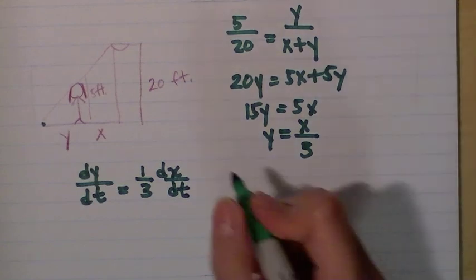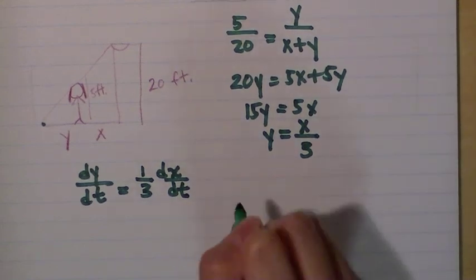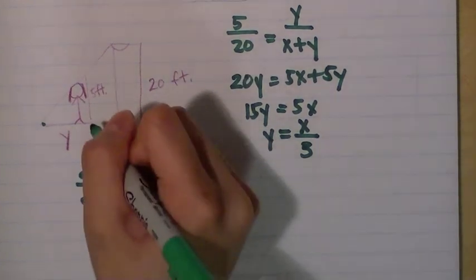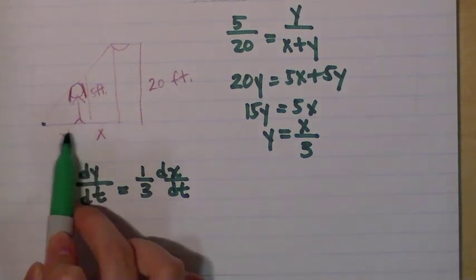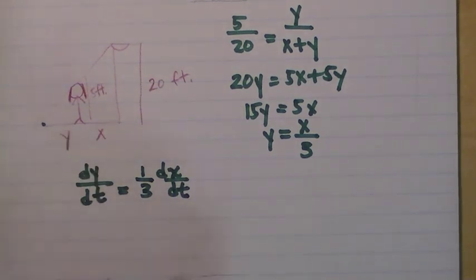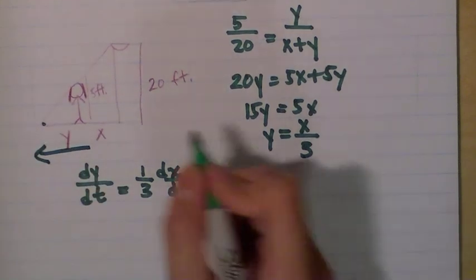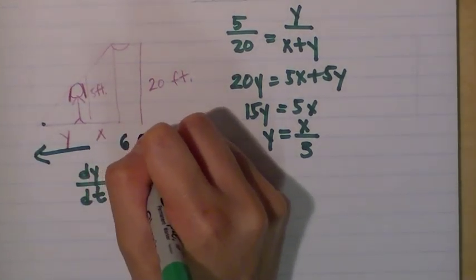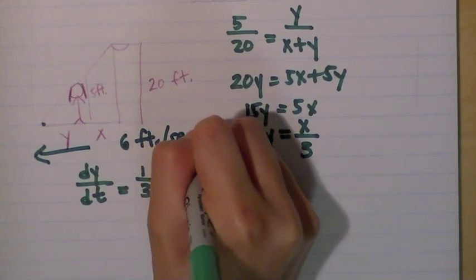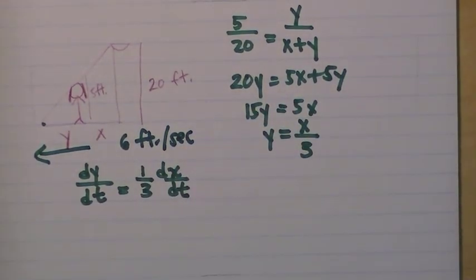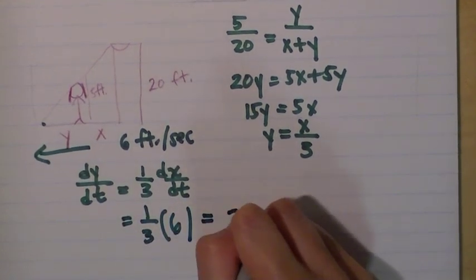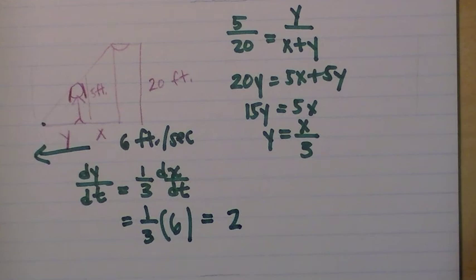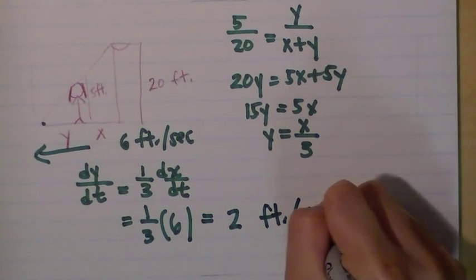You're going to get that dx/dt, the rate at which the girl is moving away from the light, is 6 feet per second, and this will equal dx/dt. So you're going to get 1/3 times 6 equals 2. So the rate at which the shadow is lengthening is 2 feet per second.